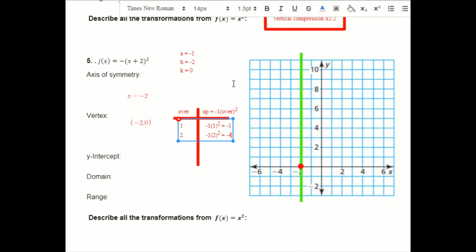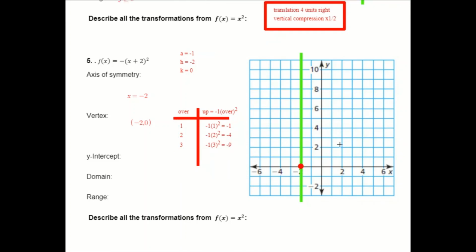And then finally, if I go over 3, we're already off the grid here, but just to show what's going on, we get -9. All right, so if we go over 1, we're going to go up a -1, which really means down 1. So we've got that reflection going on. If I go over 2, I go down 4, which is already off the grid, so I'm not even going to bother with the next one. It's going to be way down over here somewhere.